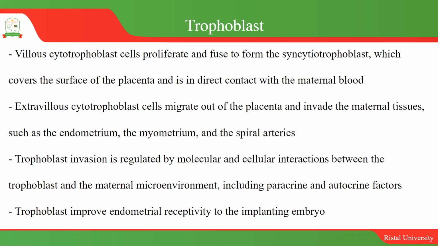Okay, the trophoblasts also play an important role in ensuring that the maternal immune system does not attack the implanting embryo. Okay, so it makes the endometrium receptive to the implanting embryo.